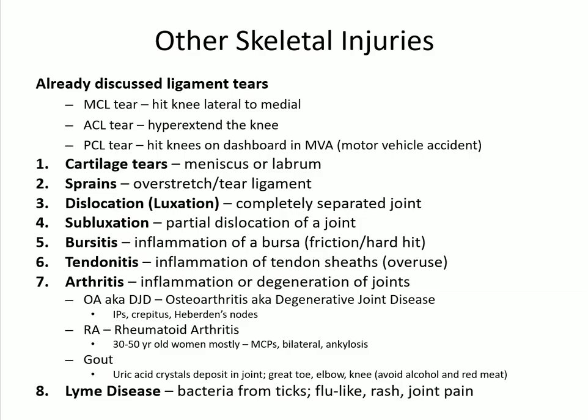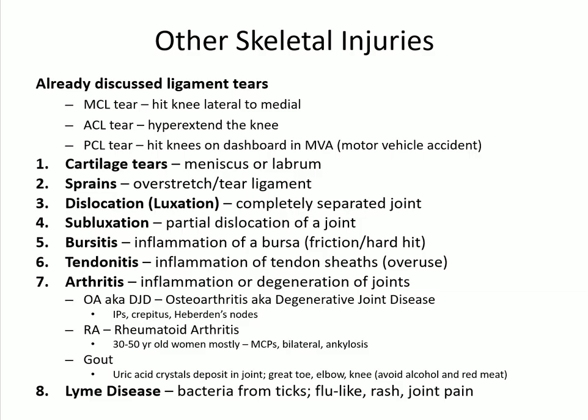Gout is mostly in men. Gout happens when uric acid crystals are depositing into a joint, and they cause that joint to swell up huge. Most commonly, this happens in the big toe. It can also happen in elbows and knees.